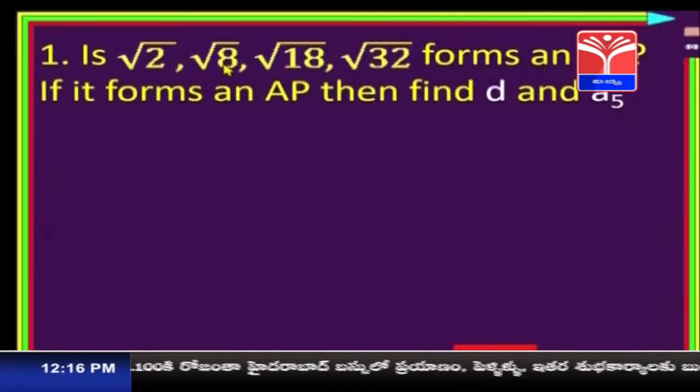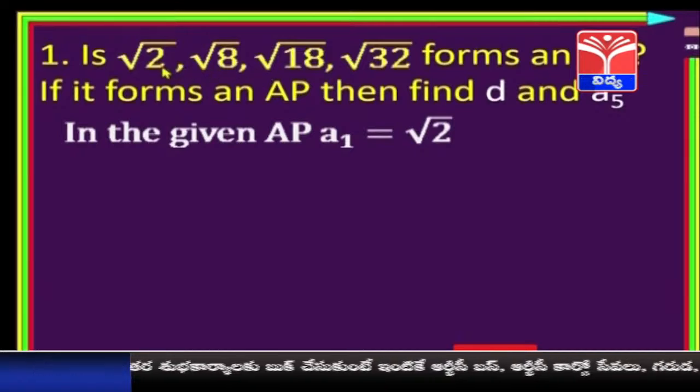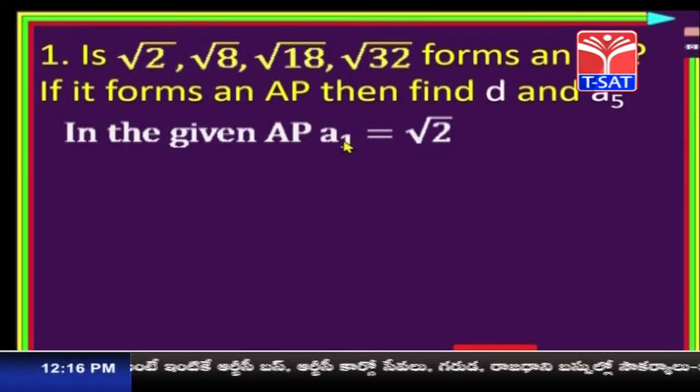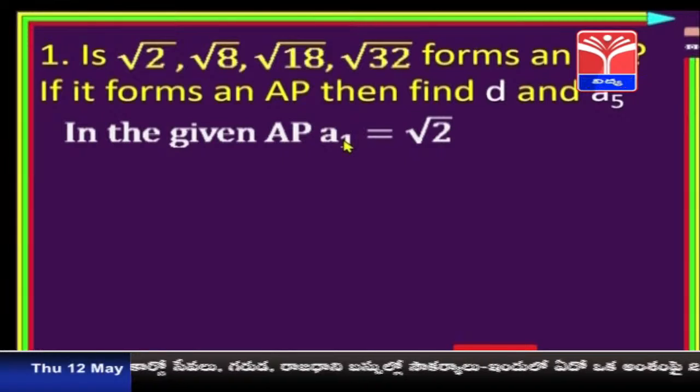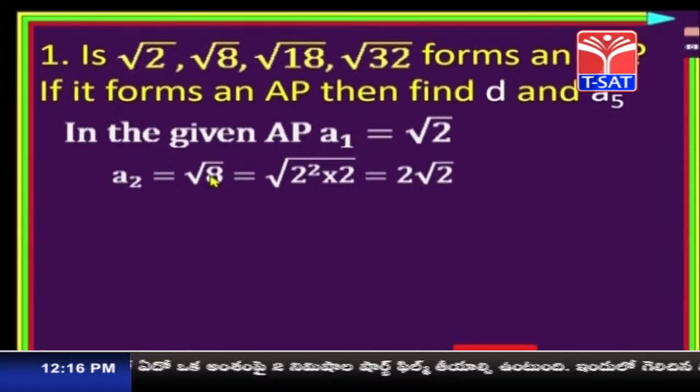Here, root 2, root 8, root 18, root 32 are the terms. The first term is root 2, denoted A1. The next term is root 8. 8 can be written as 2 square into 2.